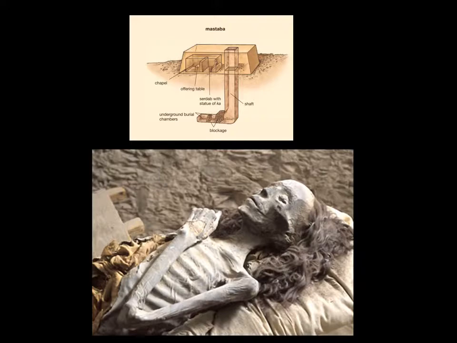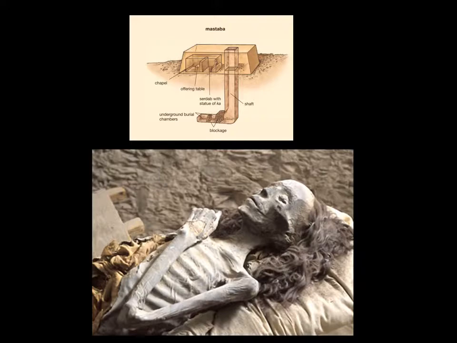And there would be a statue, which had a very important function. Statues of the dead were kept so that in case anything happened to the mummy, and the actual body might rot or disintegrate, the statue was an alternative home for the Ka. So a statue would be kept there in that sealed-off room, and then there would be a vertical shaft.